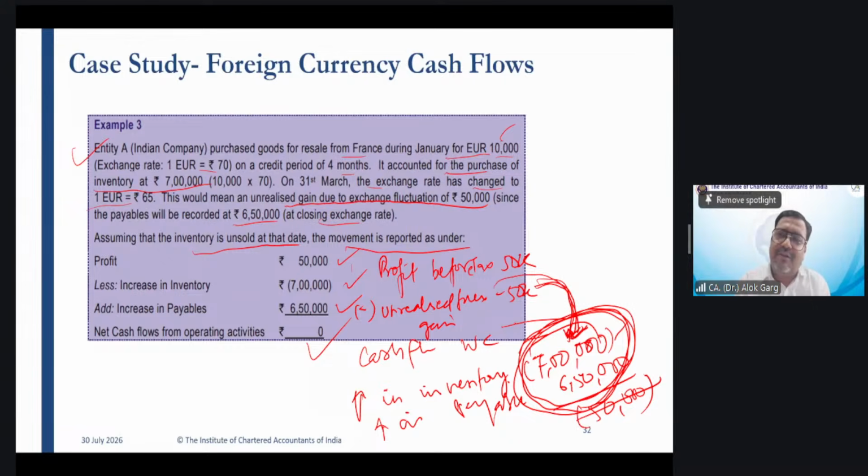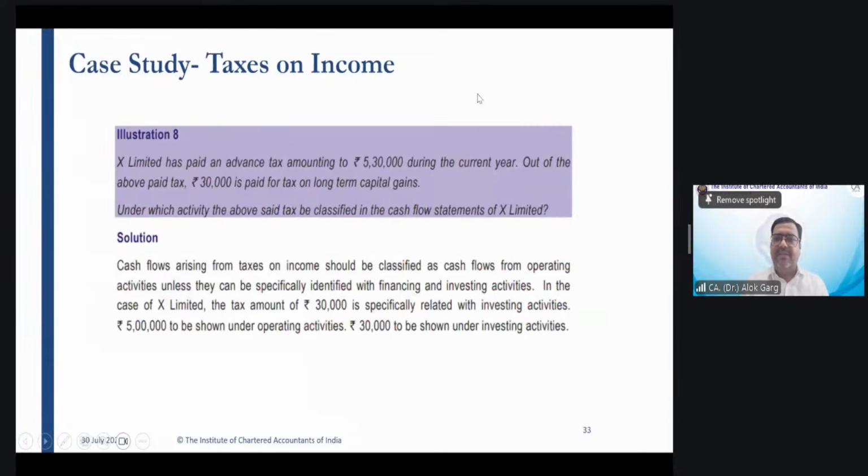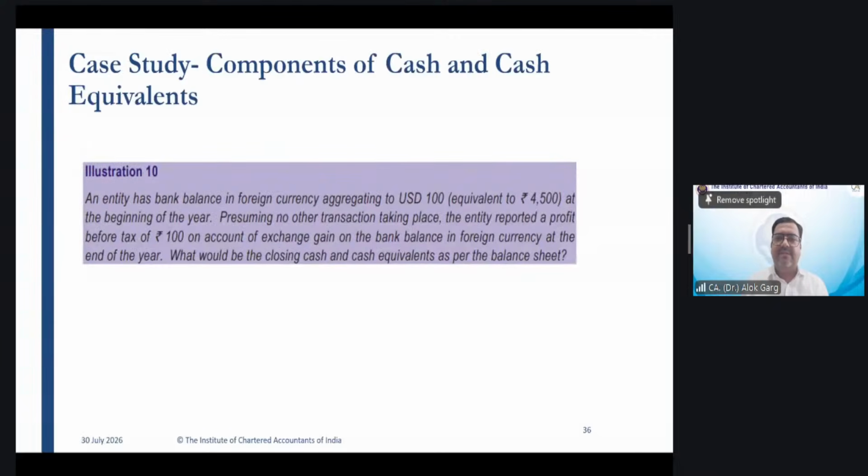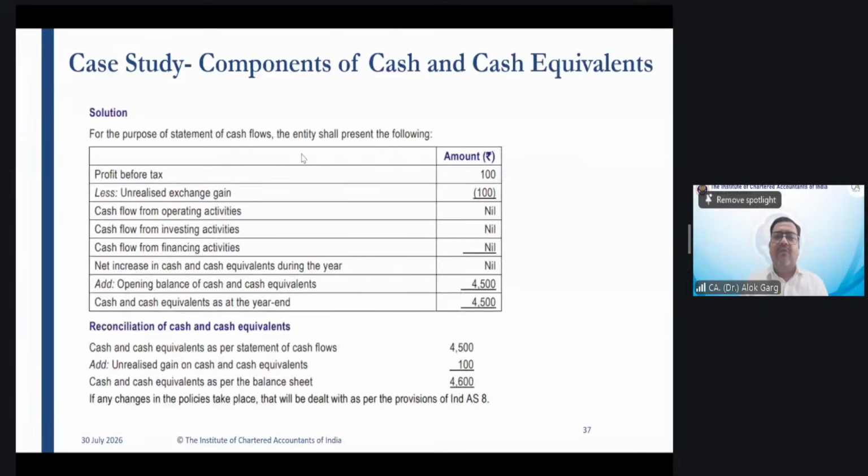Alternatively, you show 50K profit, you show adjustment of 50K, and then your net changes in inventory and payable will be zero. Means 6.5 you can show. Okay. Any challenge, any doubt here, friends?